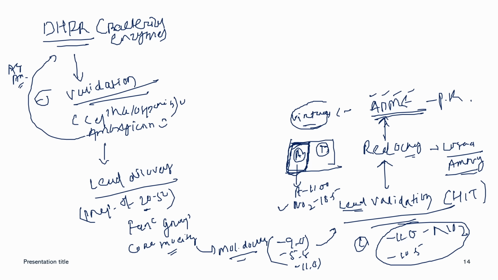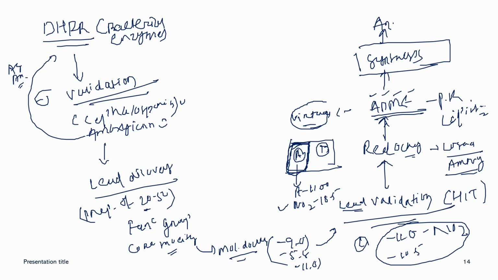If it qualifies these ADME characteristics, and there is also the Lipinski rule, if it follows all these things, then we go for the synthesis. After the synthesis is done, we test it in animals, which is the clinical trial phase 0.